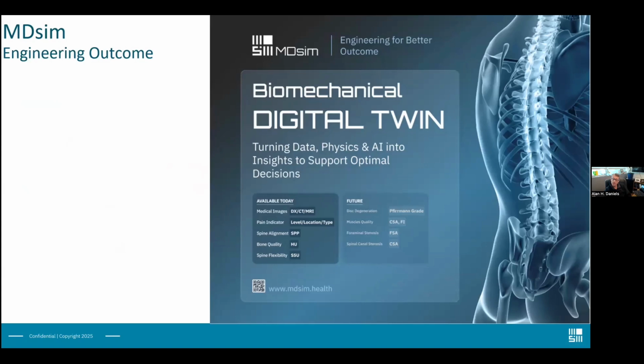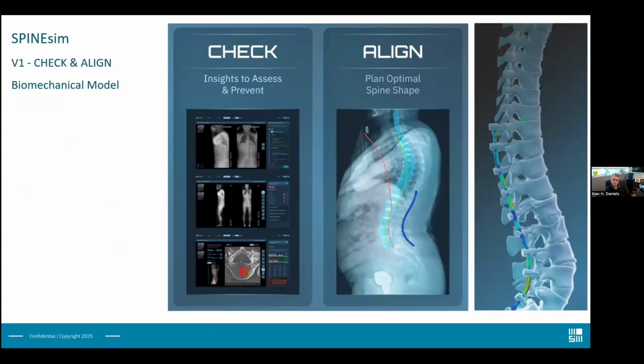The idea being the more data you have, the better. If we look at things like alignment, I showed you a case of mine earlier. And if you plan alignment based on x-rays only, you're missing a lot about bone quality, about fatty infiltration of muscle, about amount of muscle, about the soft tissue envelope of how obese the patient is.